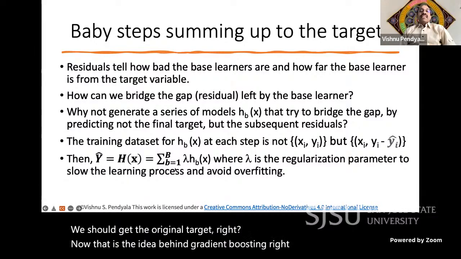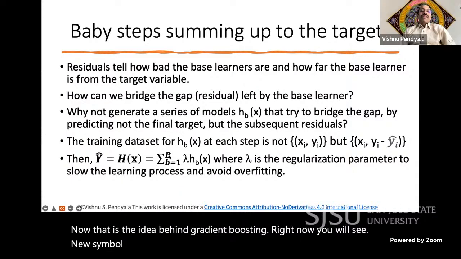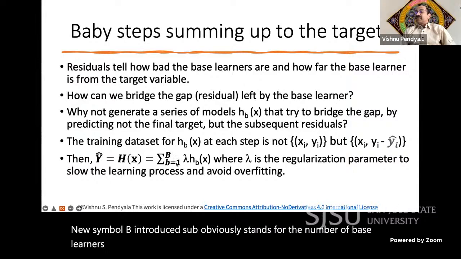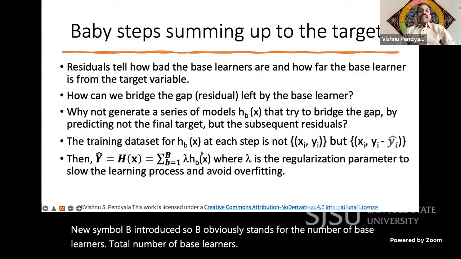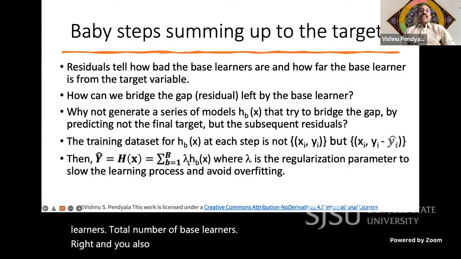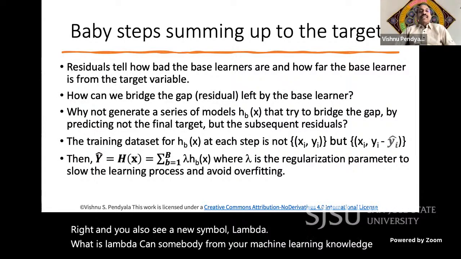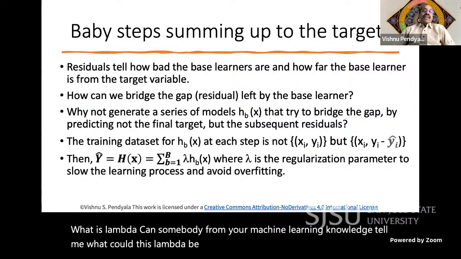Now you will see a new symbol B introduced. B obviously stands for the total number of base learners, right? And you also see a new symbol lambda. What is lambda? Can somebody from your machine learning knowledge tell me what this lambda could be doing? I gave the answer here.